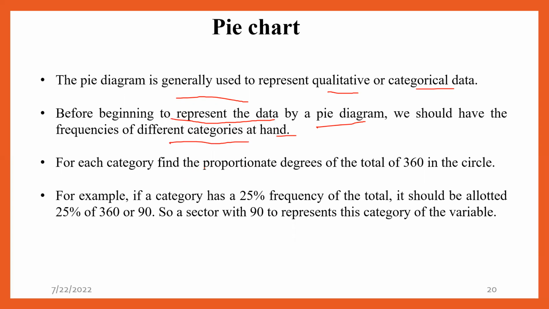For each category, find the proportionate degrees of the total of 360 in the circle. For example, if a category has a 25% frequency of the total, it should be allotted 25% of 360, or 90 degrees. So a sector with 90 degrees represents this category of the variable.